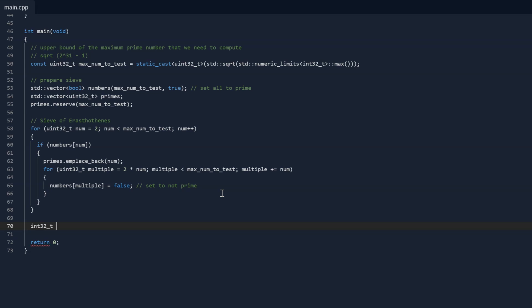We are all set to call segmented sieve on our actual test cases.